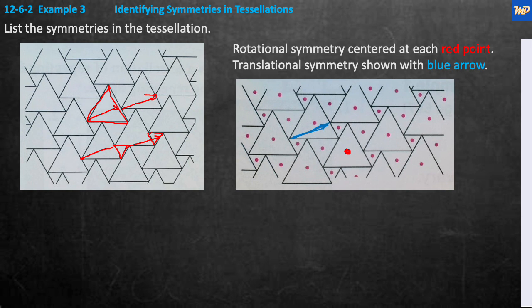We can do the same thing on the smaller triangle right here. You can do it on this little teeny triangle right down in here. They all have rotational symmetry, and they also have translational, because you can take this one here and slide it over to here. Okay, you can take any one of these and move them. This one here can be slid to here.